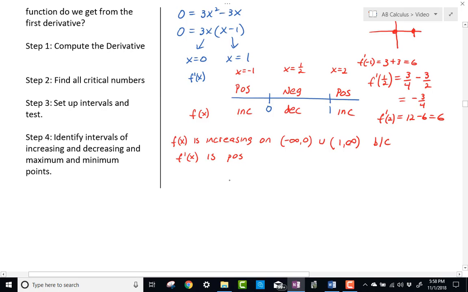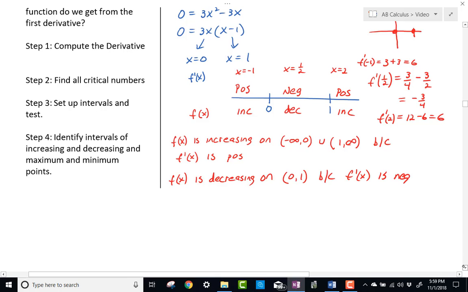Okay? We could also say that f of x is decreasing on the interval from 0 to 1 because f prime of x is negative. All right?